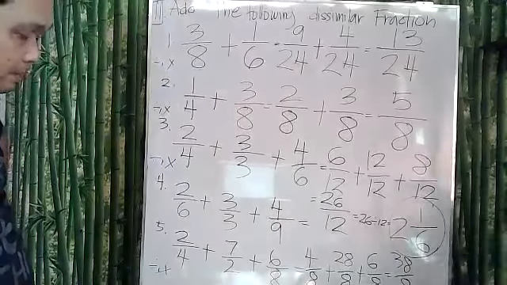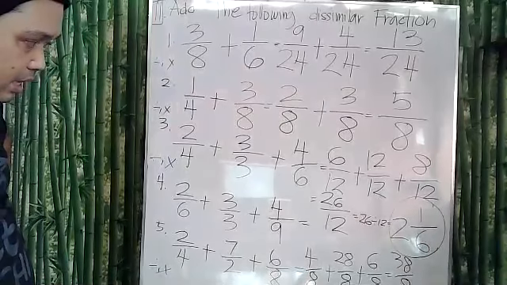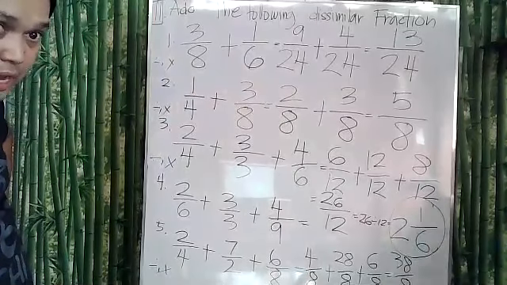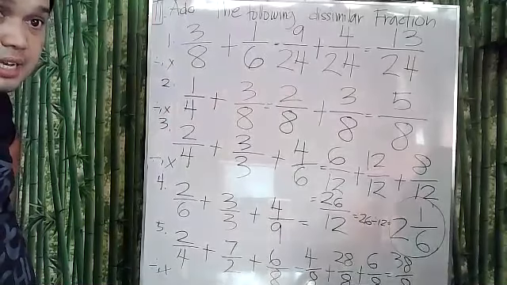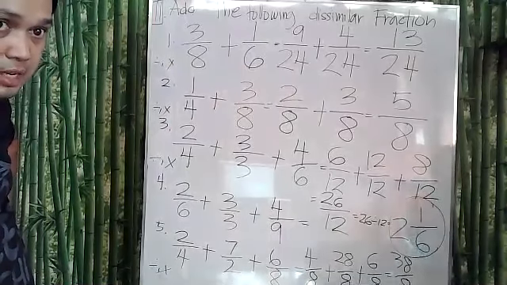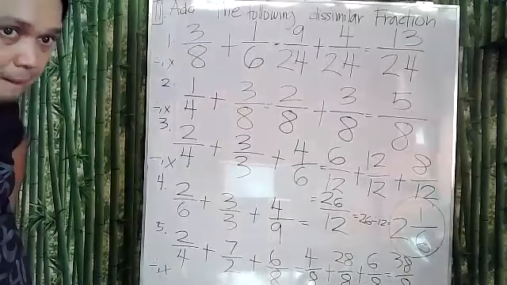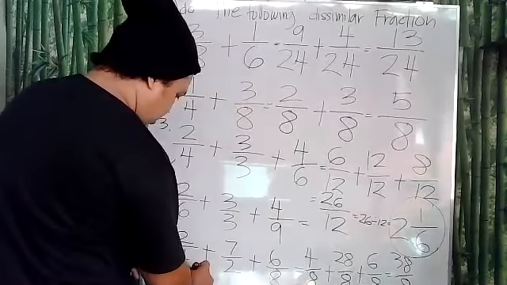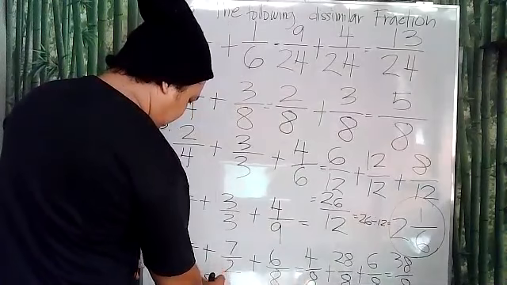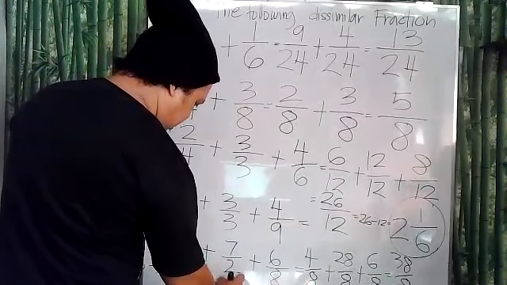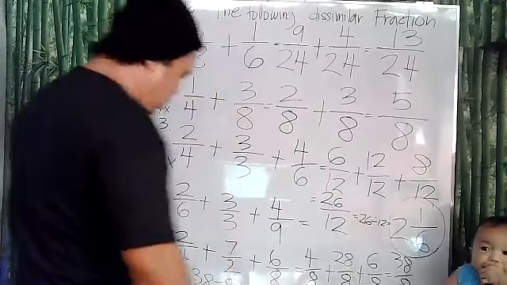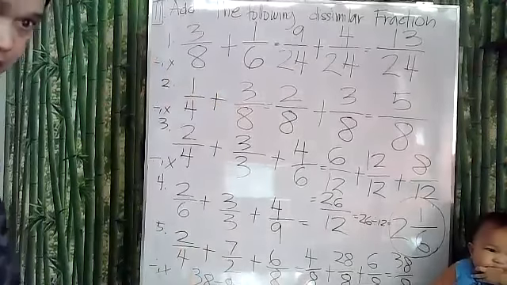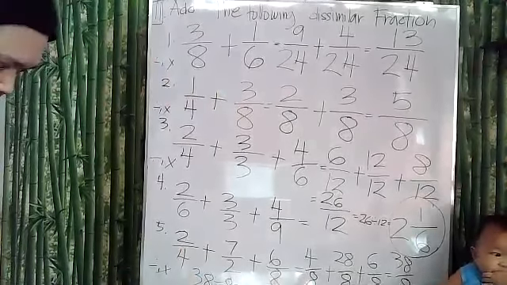It's an improper fraction. Why? Because 38 is greater than 8. So let's divide 38 by 8. Now, how many 8s are there in 38? That's 4, right?